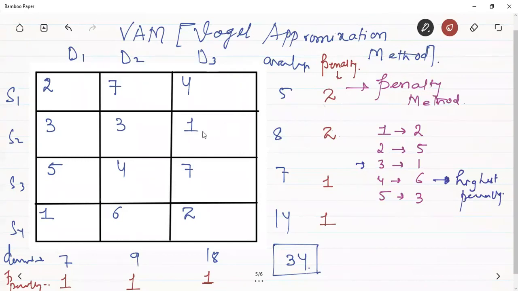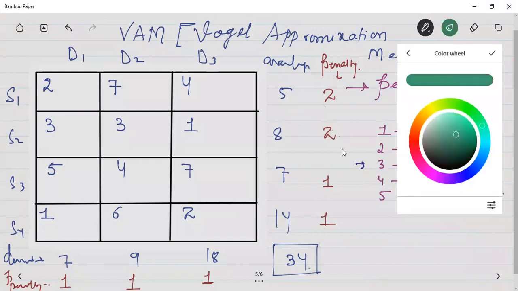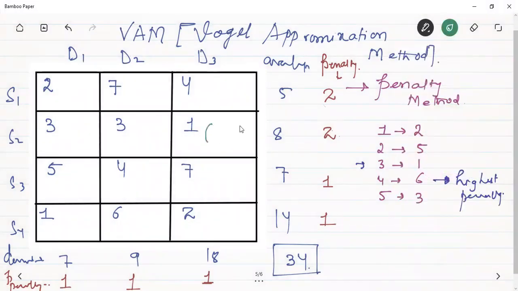ठीक है, you can see that the least cost cell belongs to the row number 2. Therefore we will start making allocation in this cell here, and we can see that the allocation possible is supply is 8 and demand is 18.